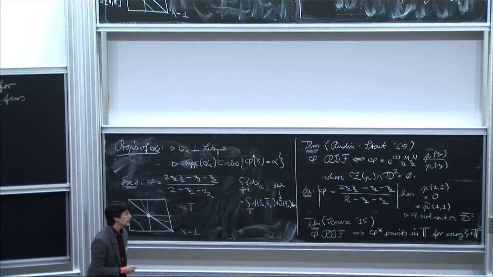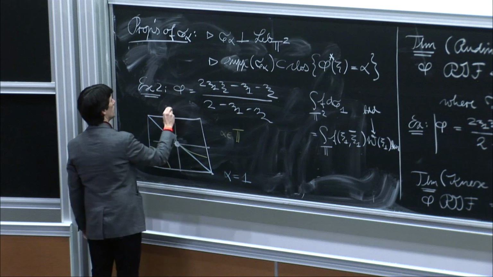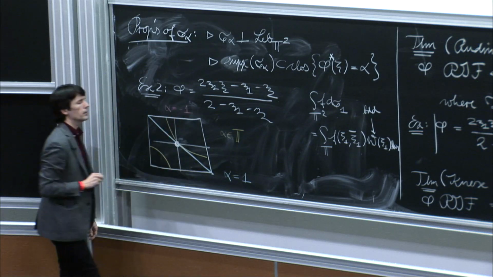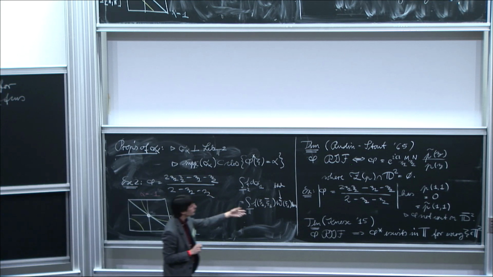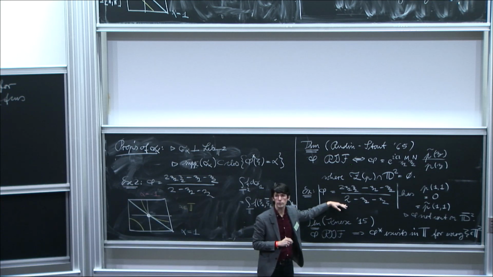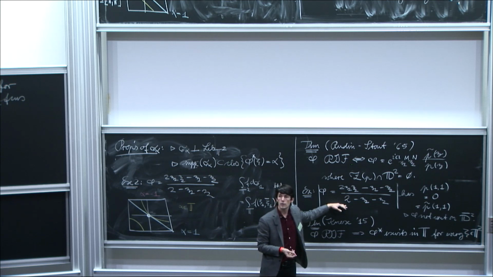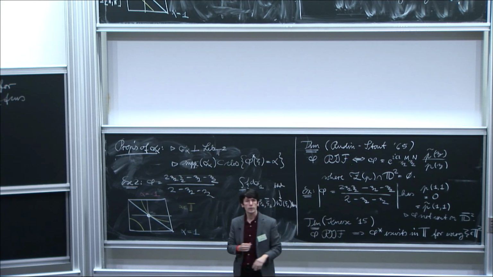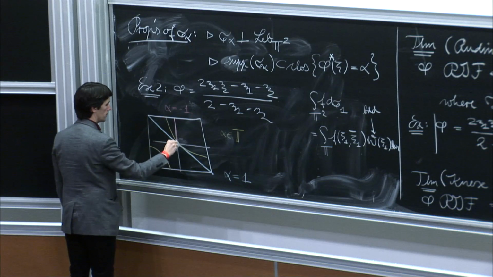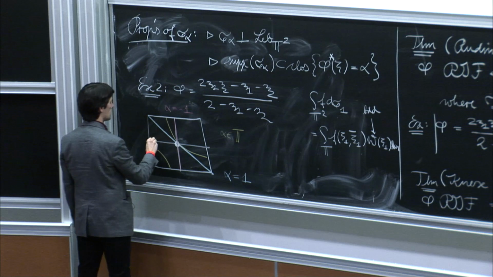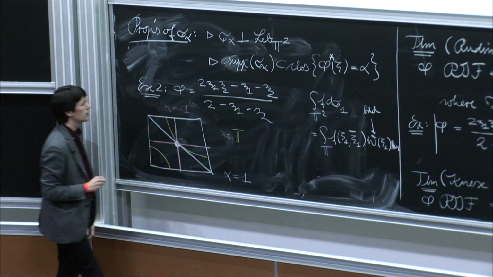But now something exciting happens when you pick alpha equals -1. And what was -1? Well, I didn't prove this, but that's the non-tangential value of this function at its singularity. So again, you can check what the level set is, and it turns out it's the union of this vertical line and this horizontal line.